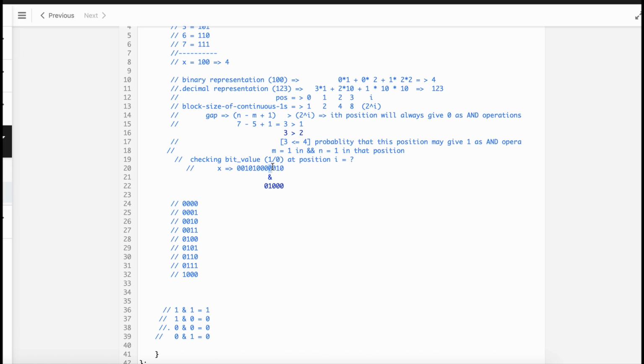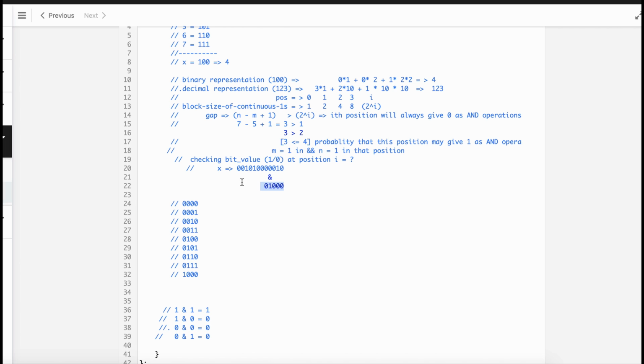In this way we will be checking whether the bit at position i is 1 or 0.